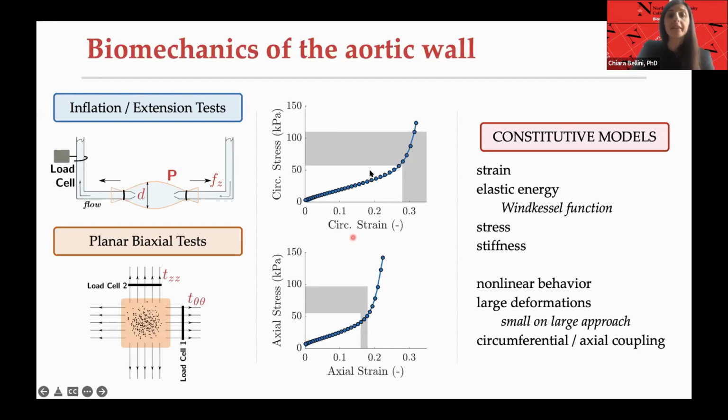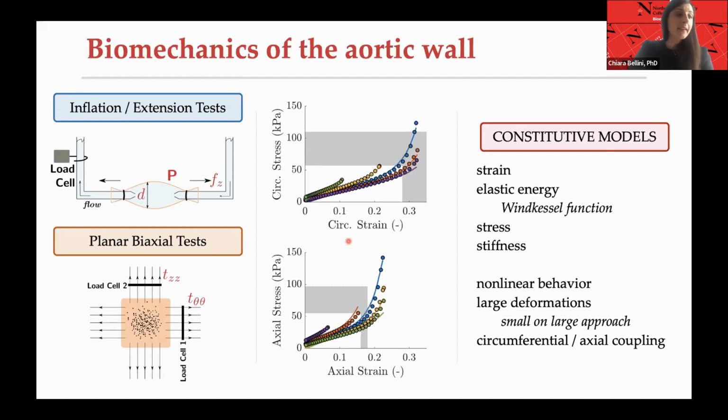As you can appreciate, the relationship between stress and strain is highly nonlinear, and the cyclic strain the tissue experiences between diastole and systole, which fall within the gray shaded area, only accounts for a small portion of the overall deformation. And so we can think about the cyclic strain as a small deformation that superimposes on the large deformations that occur between diastole and a configuration where the aorta does not experience any load.